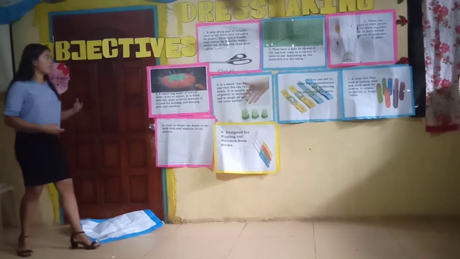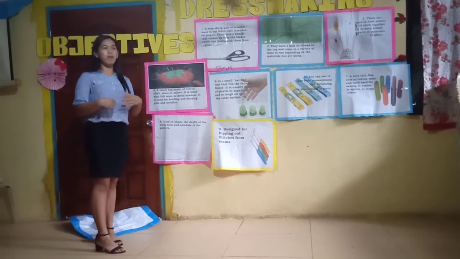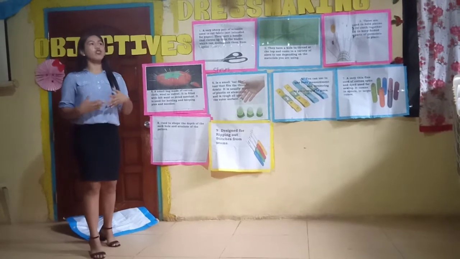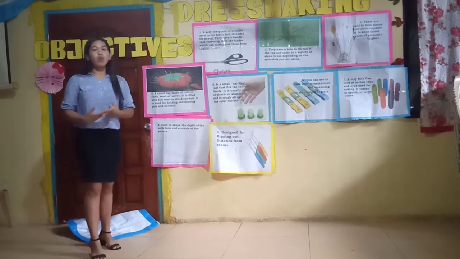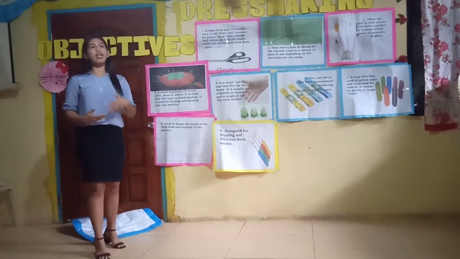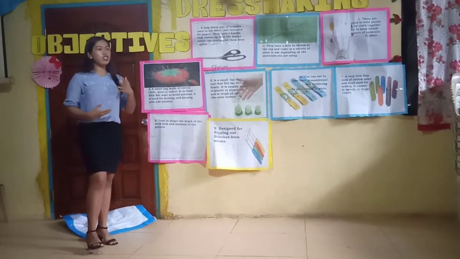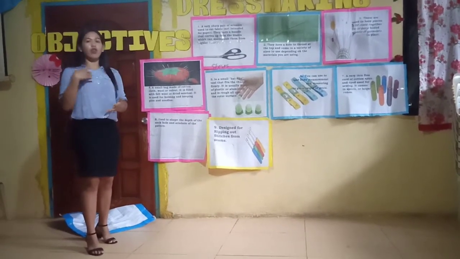After my discussion or abstraction and generalization, let's proceed to our application. My application for this day, assuming that the students will cooperate and participate. Within the same group, they will make a pajama. But before that, they should make a pattern to guide them for their pajama.